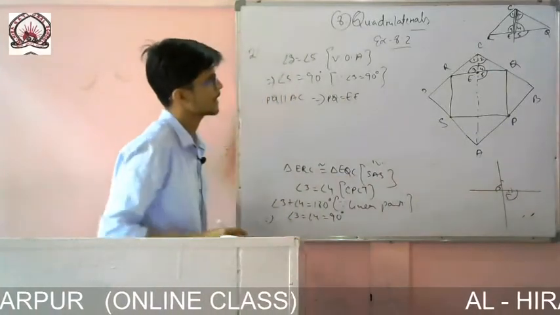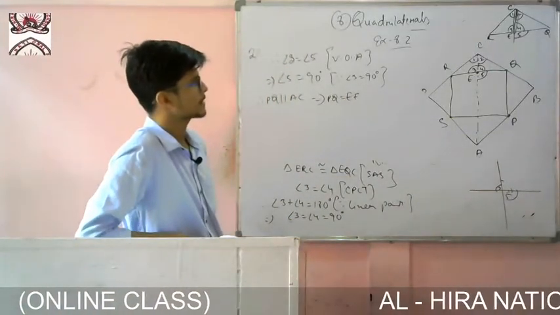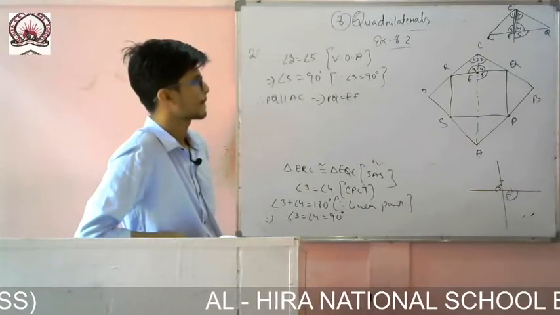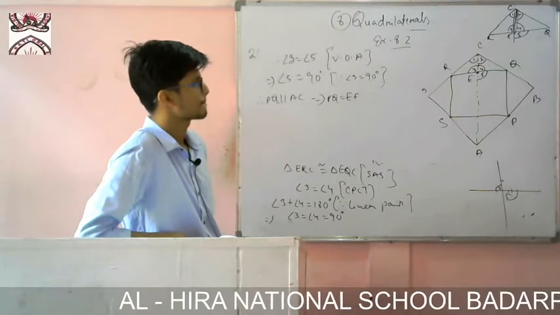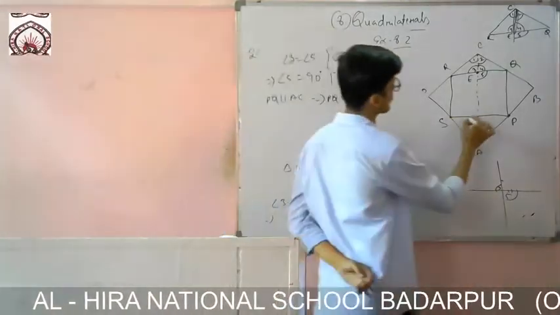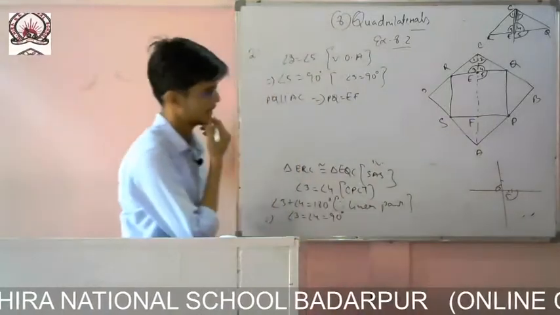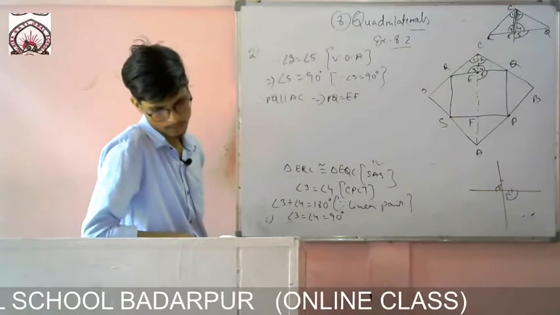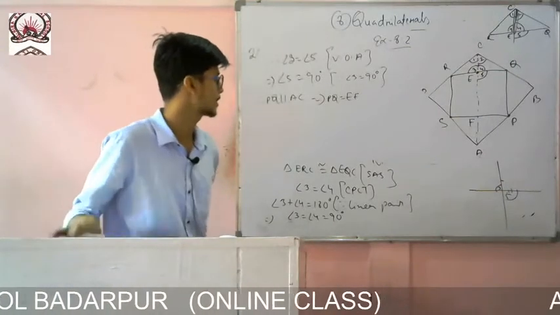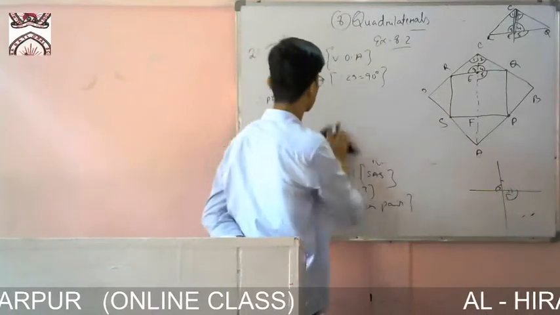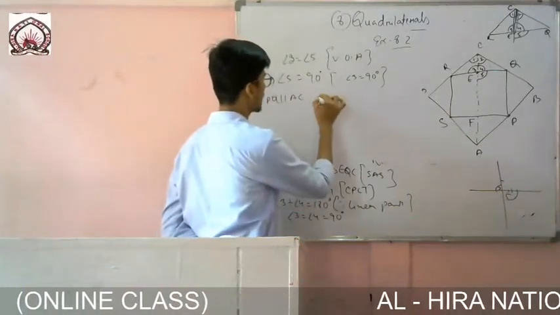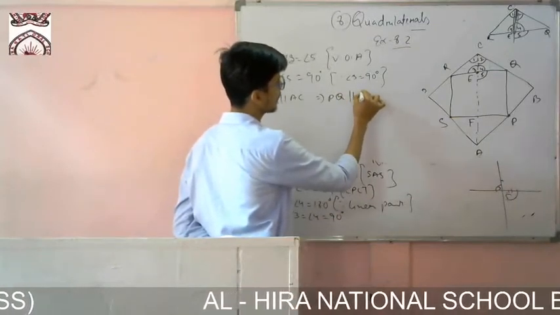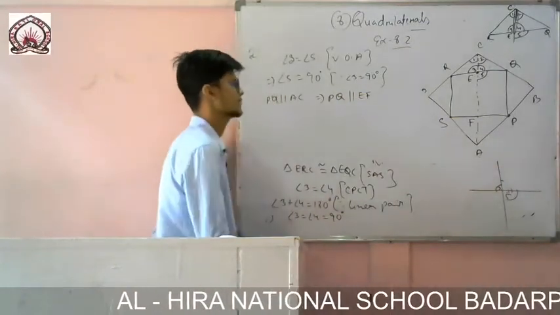If PQ is parallel to AC, then PQ will be parallel to EF, you write, not equal.